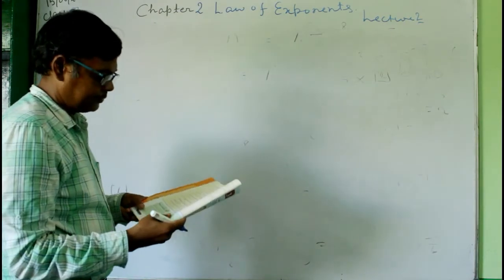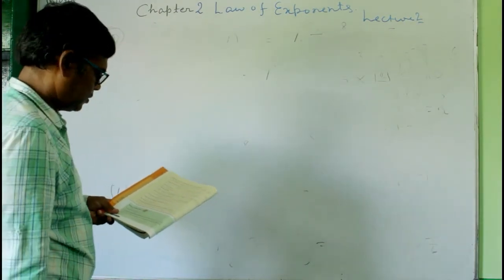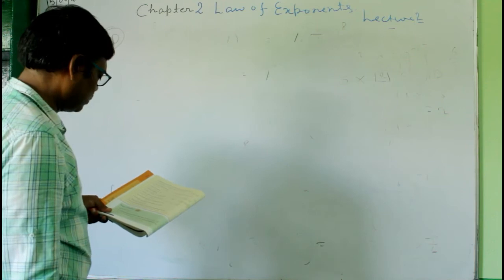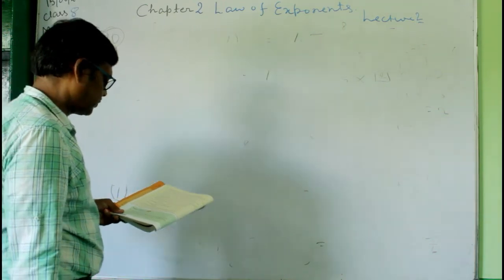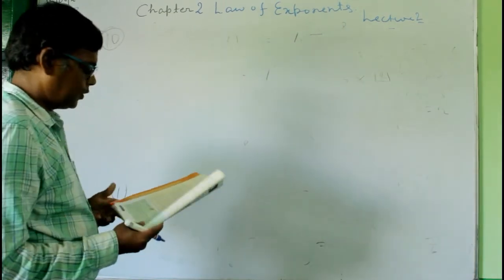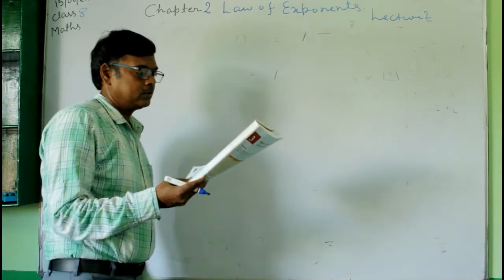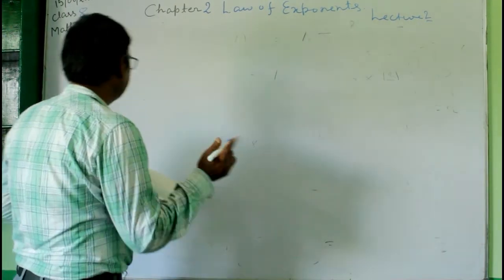For any non-zero rational number p, which of the following statements are true? We have to find which is true or which is false. I will just explain only one question, B.